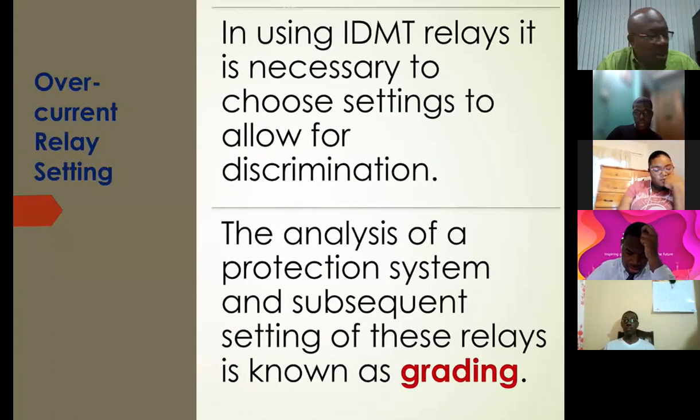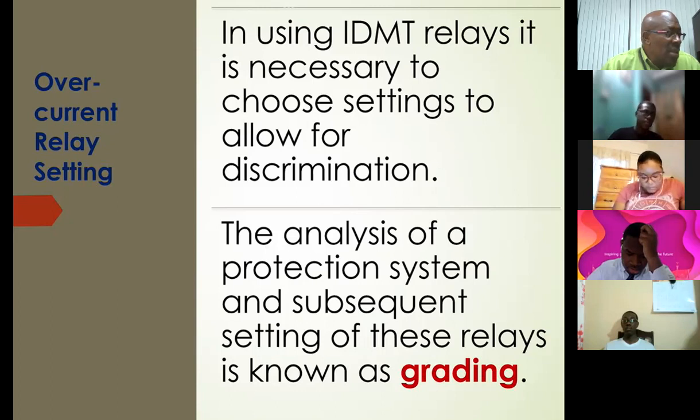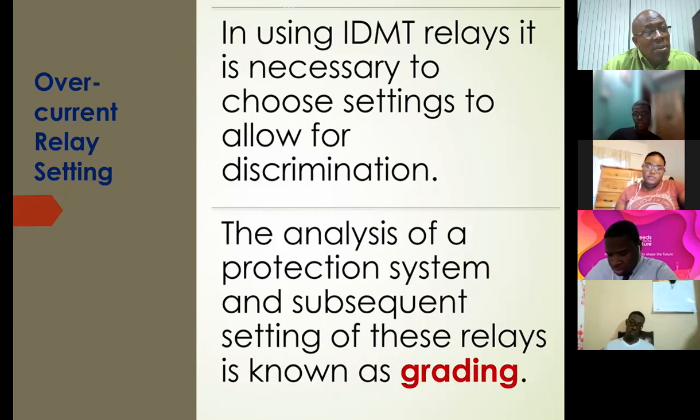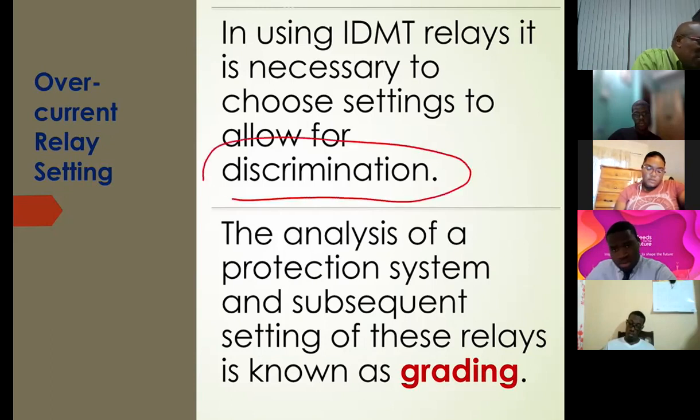So jumping with both feet in, we want to look at how we go about setting your overcurrent relay. What do we do? What is this thing we talk about, grading? Right? And at the core, it's just that we want to make the selection that will protect our system first and foremost, but it will also allow for this word that I think is now part of your DNA.